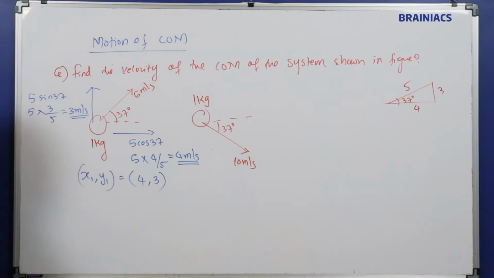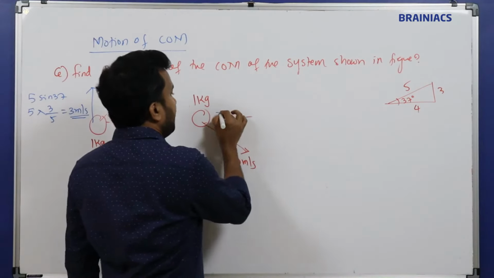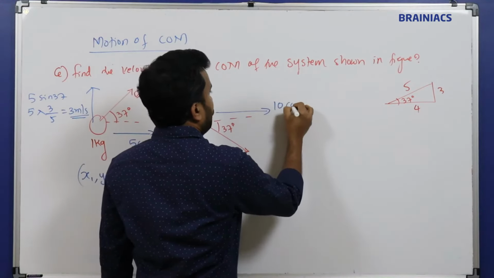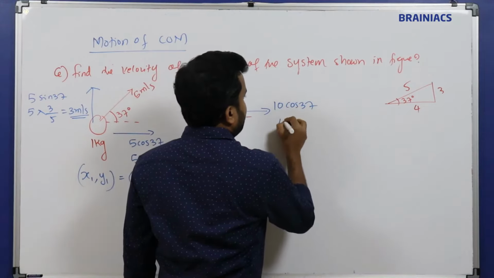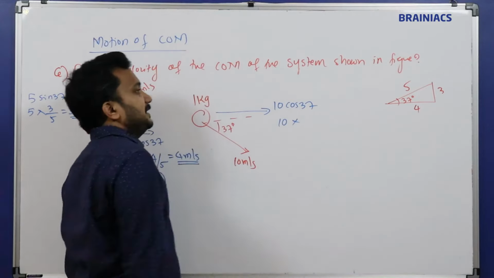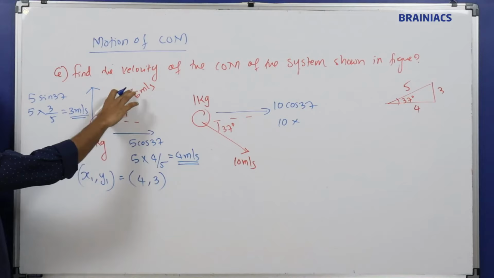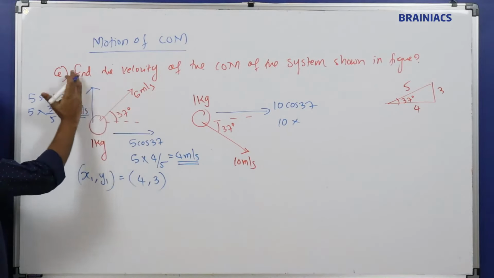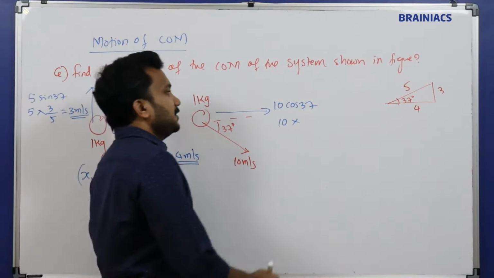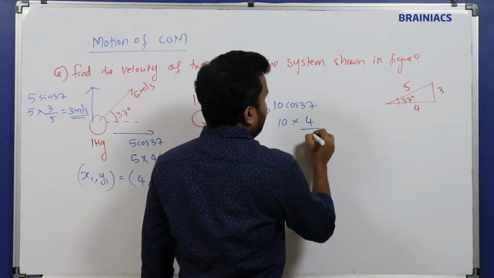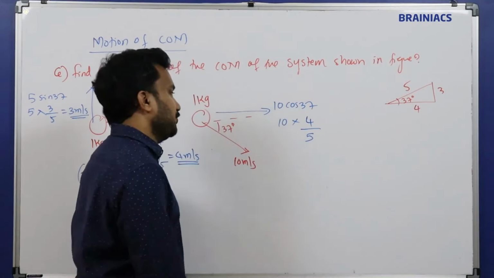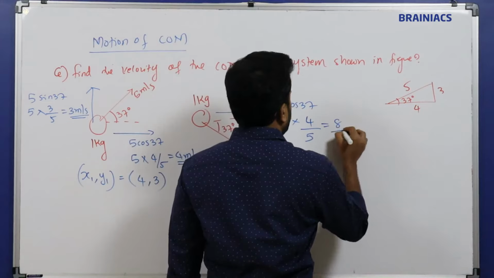So this is clear. For the second body, the x component is 10 cos 37. 10 into cos 37 means what? It is a two-dimensional motion, right? So we are splitting into horizontal and vertical components. Cos 37 means 4 divided by 5, adjacent by hypotenuse. So 2 into 4, which means 8.